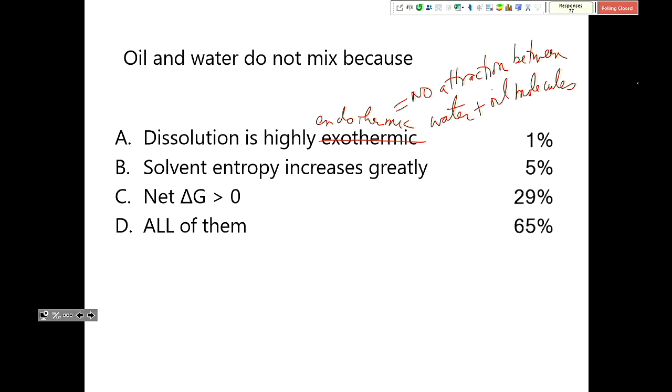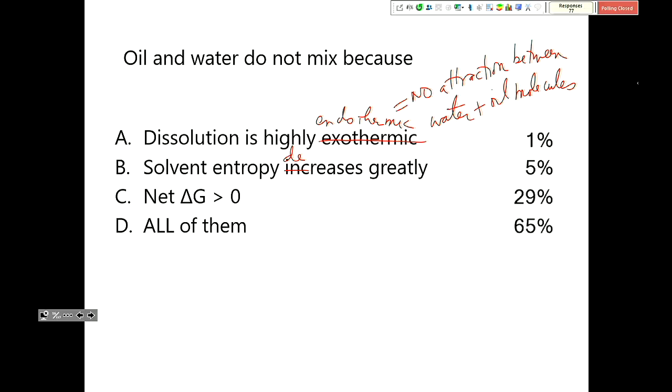We just said that for the oil particles to mix and disperse, the water molecules would have to be extremely organized, right? The entropy goes down to ridiculously low values, so it decreases greatly for that solution to form.